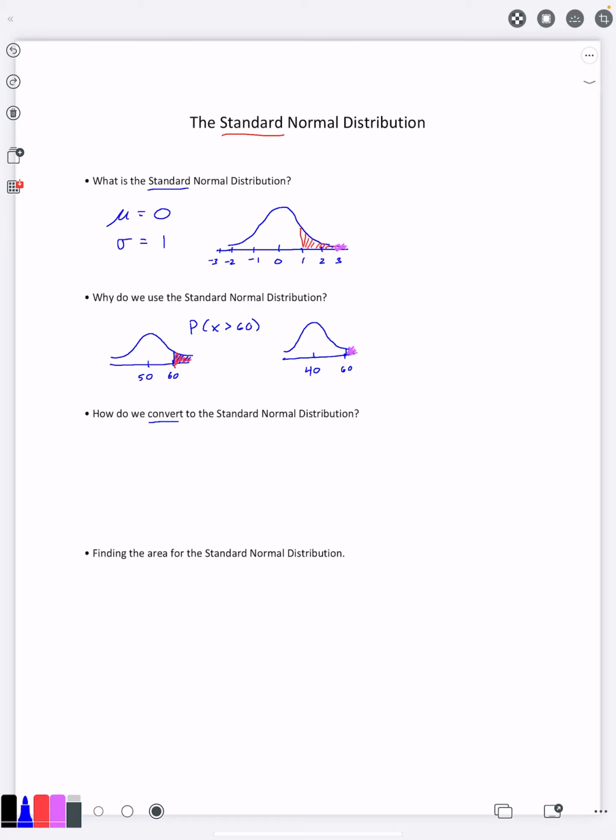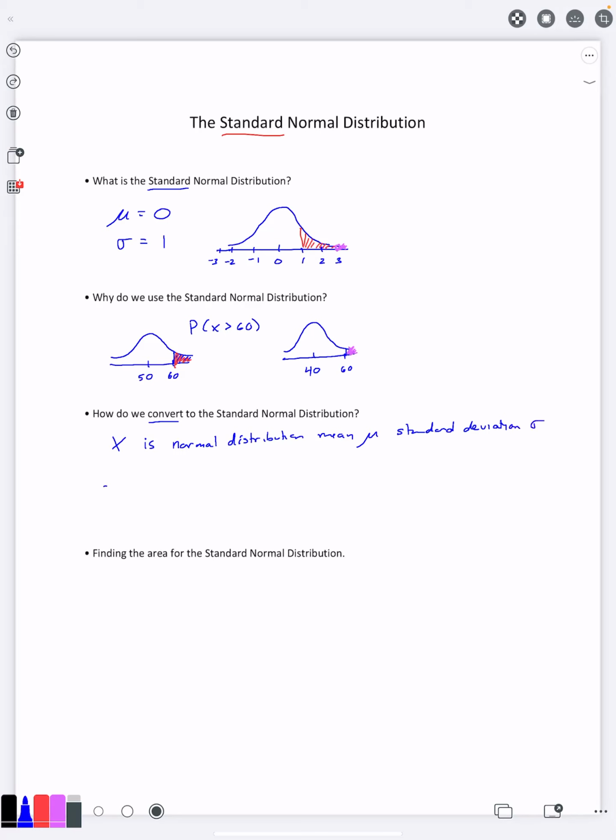So the question is, how do we convert into the standard normal distribution? Here's the idea: we're going to have a variable x that we're talking about, and x is normally distributed, and it's going to have a mean of mu and a standard deviation of sigma.